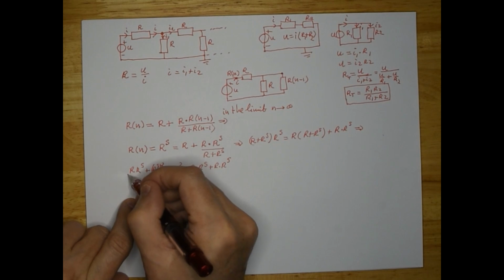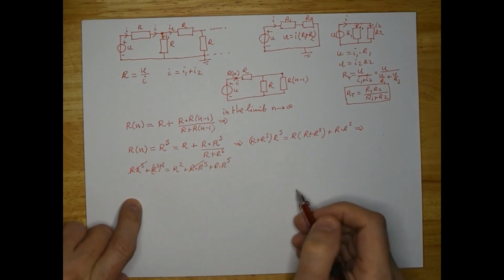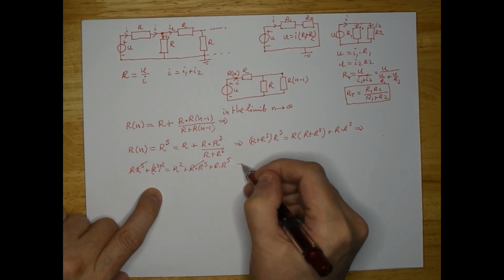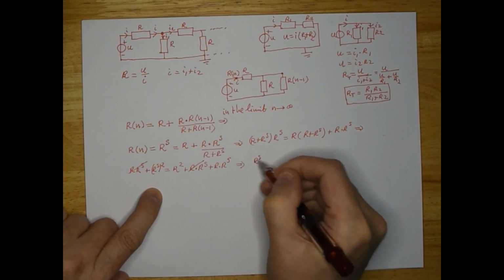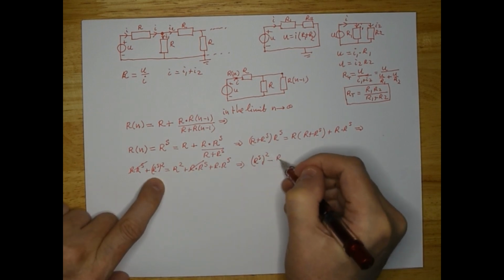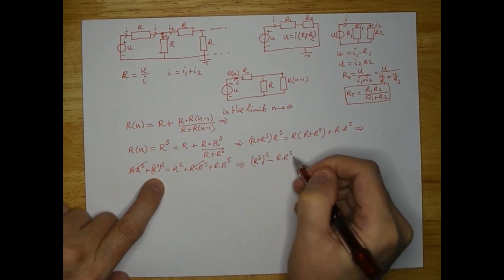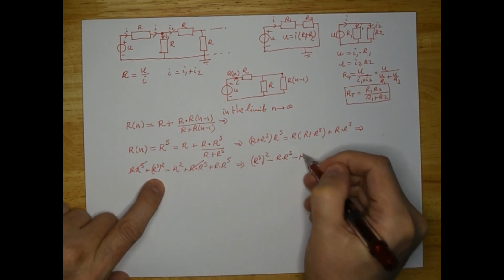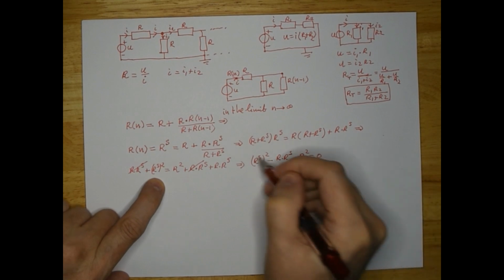Yeah? Now we can work this out even more. We can remove one of these on the left and on the right, and we can take everything to the right, and then we get something like Rs squared, we leave that, minus R times Rs, right, that goes to the other side, minus R squared equals 0.